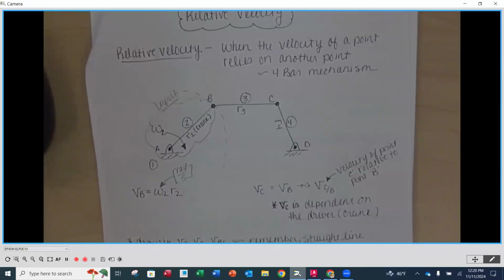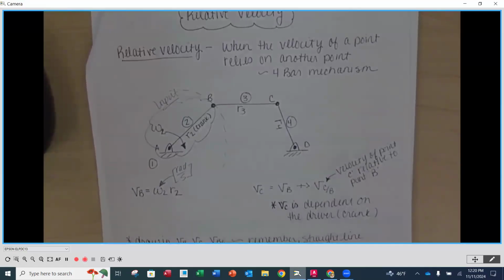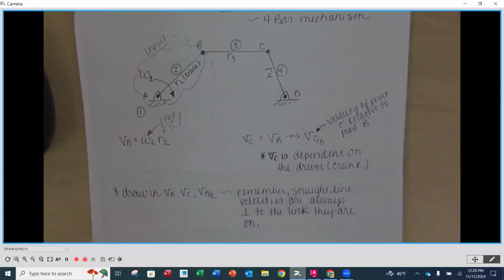And we can't use RPMs in this equation. We need to convert RPMs to radians per second. Again, we did that work the last time that we were together. If you need to look back on that, we'll also be doing problems where we practice that again. So in and out of this equation, we have to have units of radians per second for our angular velocity. Okay. And then R is going to be that distance.